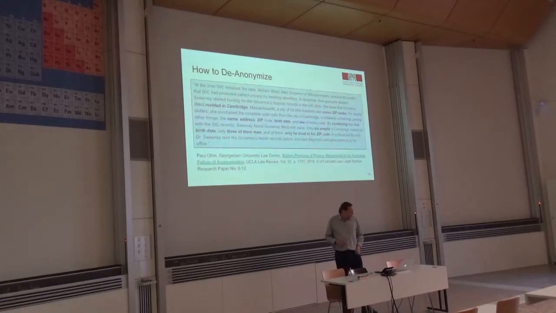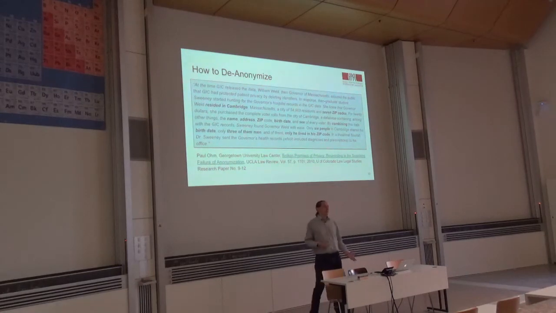So basically, Latanya Sweeney, who's a well-known professor in privacy now, took that data set and started looking at it. And she decided, okay, well, the governor of Massachusetts is one of the civil servants that must be in this data set somewhere.